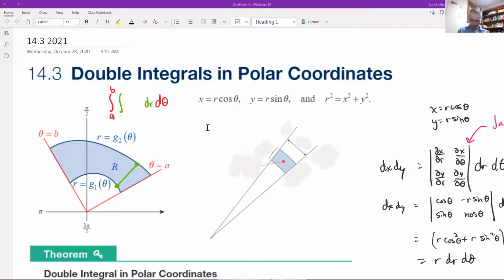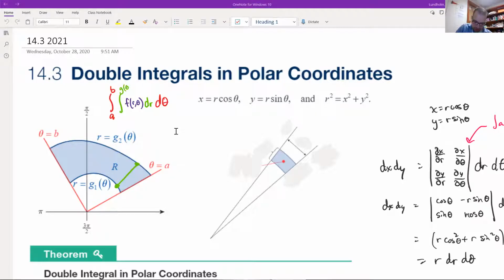There are two functions of our radius in terms of theta. So the boundaries here might be some function of theta. On the inside, generally, we can have some function of r and theta. And this will be some function of, let's call it g.